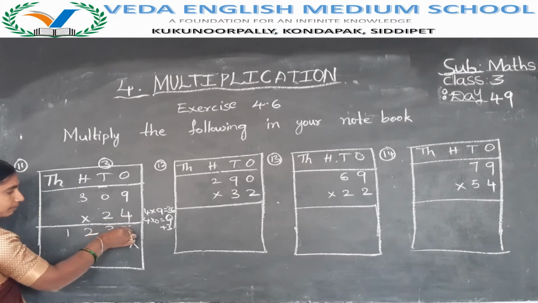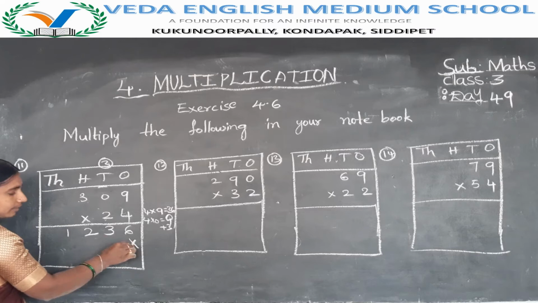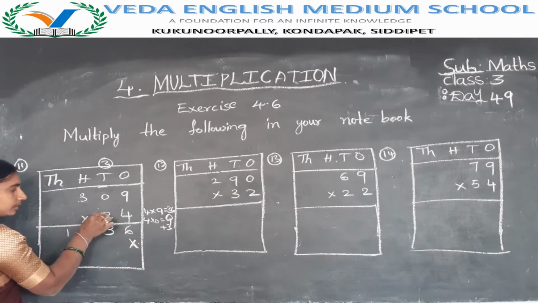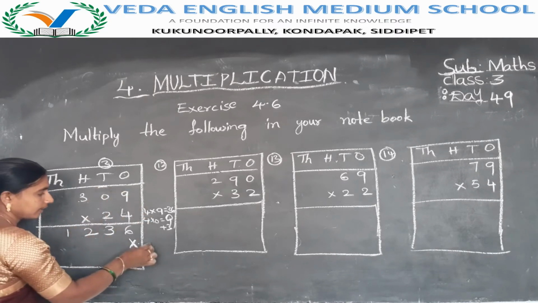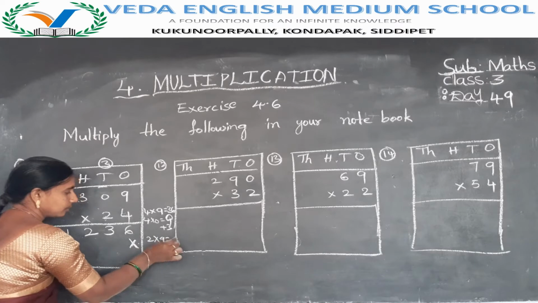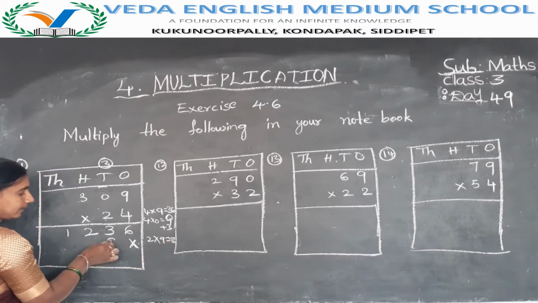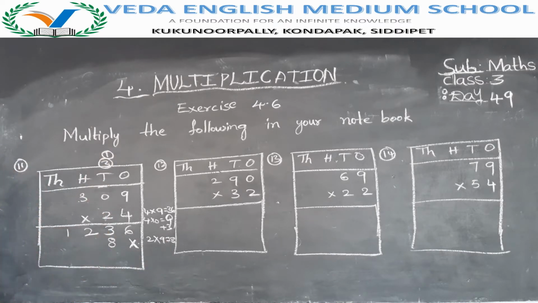This is the ones place completed. Next is the tens place digit. In the ones place here, keep a zero. This is the multiplication formula. Now multiply this digit: 2 into 9. 2 nines are 18. So write here 8, and carry 1.